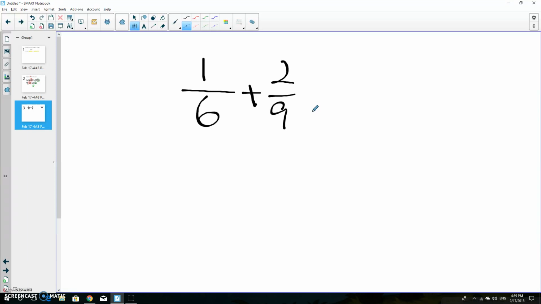But the key about fractions is that the denominators, these two things down at the bottom, have to be the same before you can add or subtract. So 6 and 9 are not the same. You can't just simply add them or subtract them. You have nowhere to go with this idea.